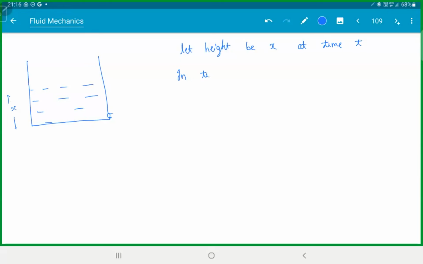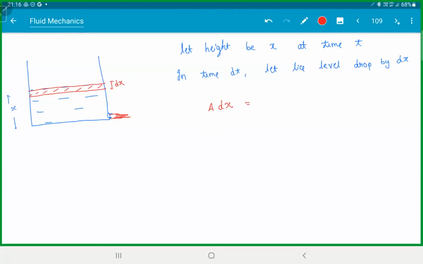So in time dt, let the liquid level drop by dx. So in that small time dt, this much amount of liquid went out. How much liquid went out? A into dx. This is the outflow.